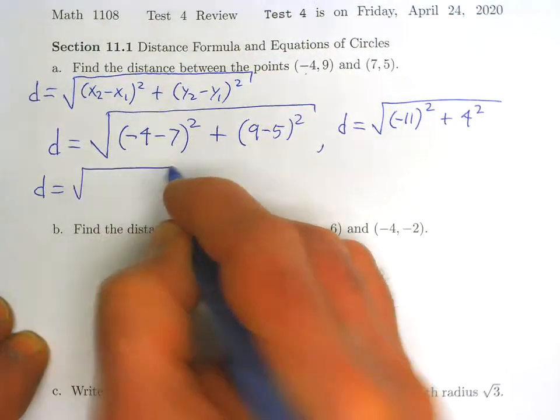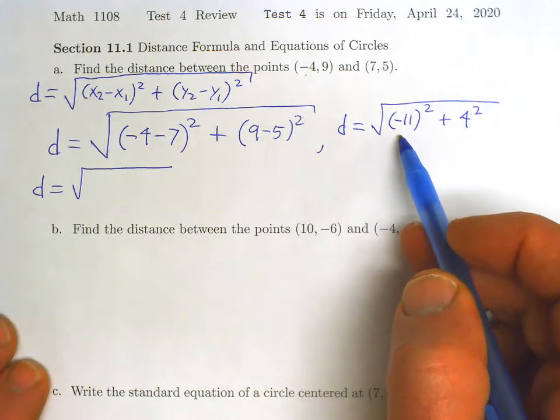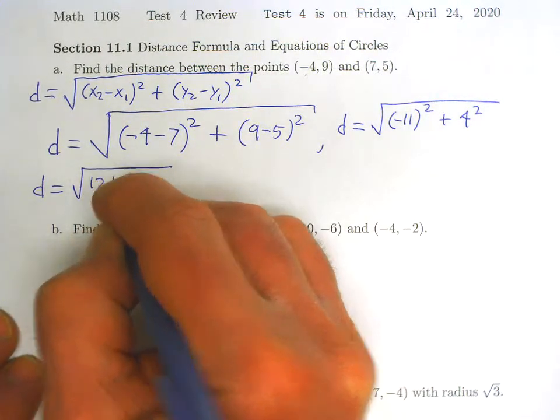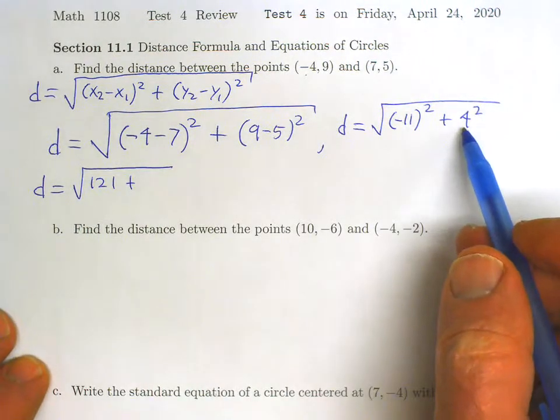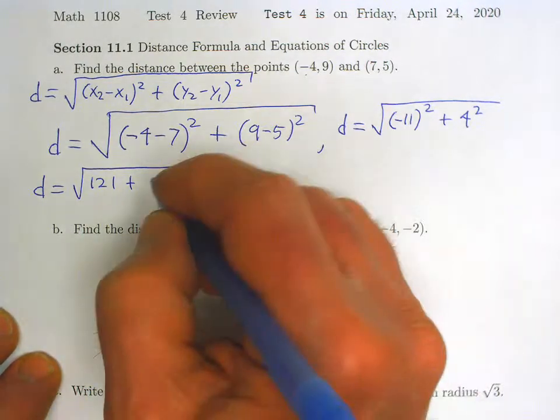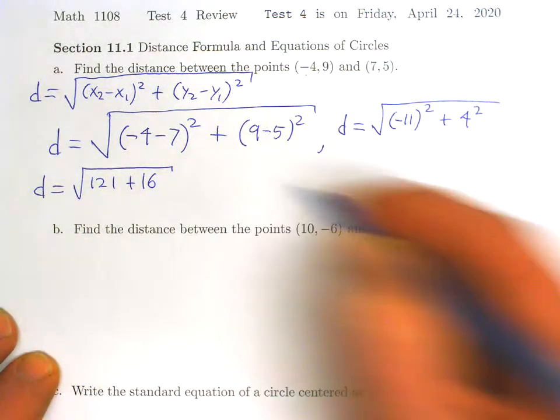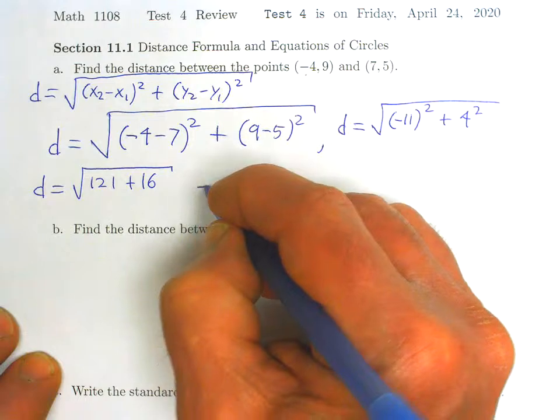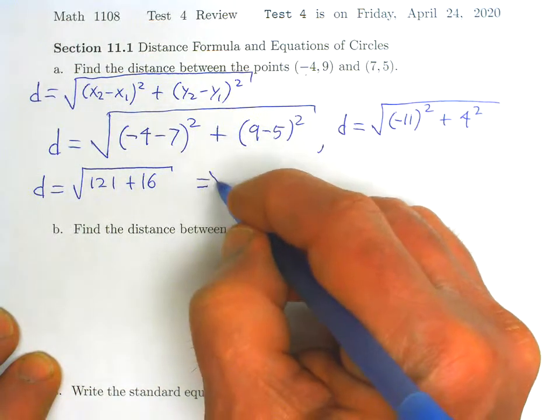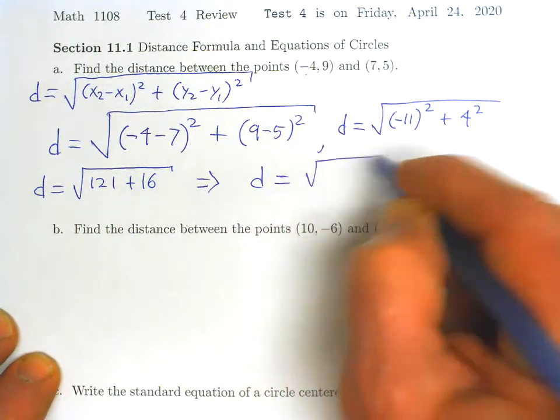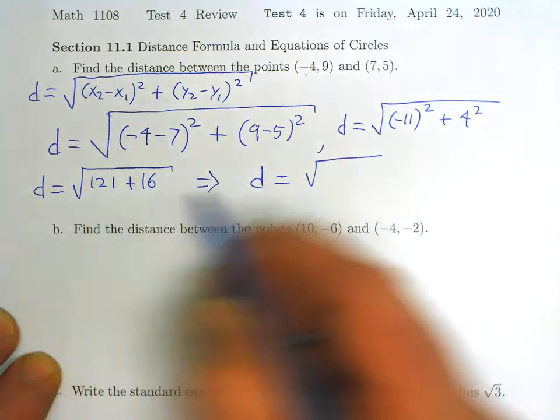Inside the square root, -11 squared is positive 121, and we're adding that to 4 squared, which is 16. And then we get the distance is equal to the square root of 137.